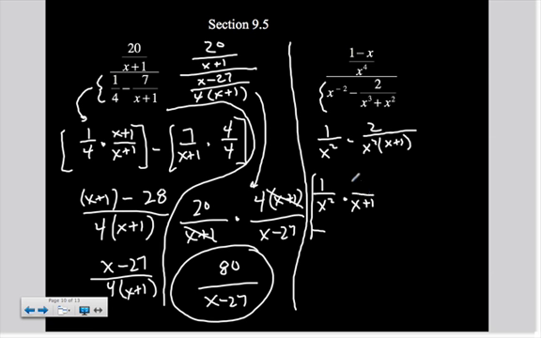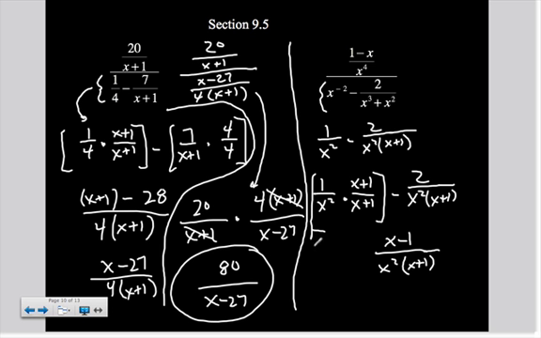So I multiply it times x plus 1 over x plus 1 minus 2 over x squared times x plus 1. And when I do this, I'm going to get x plus 1 minus 2. That's going to end up being x minus 1. Okay, and I'm going to go ahead and put that over here. X minus 1 over x squared times x plus 1.